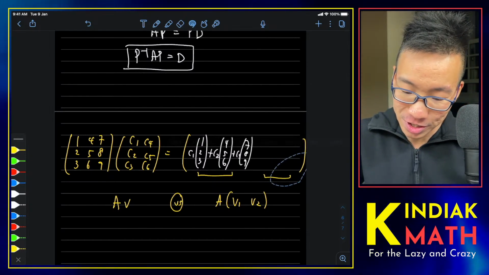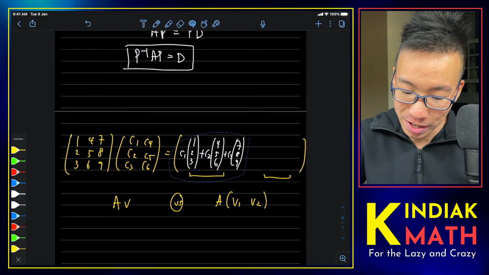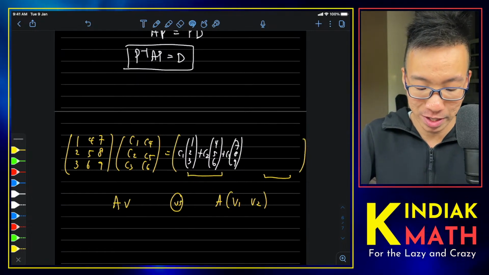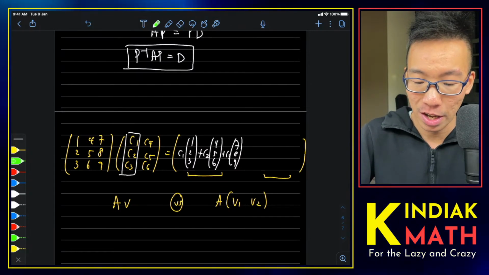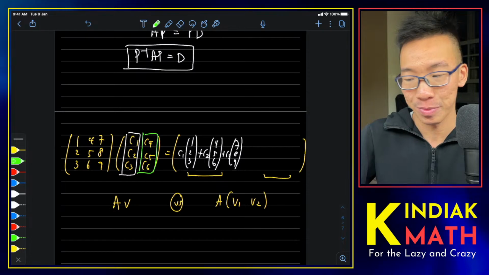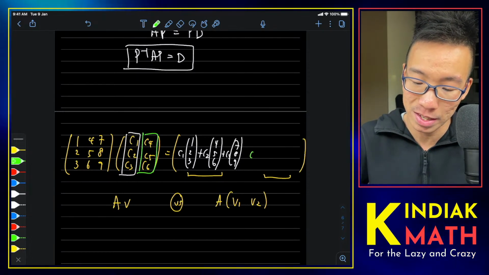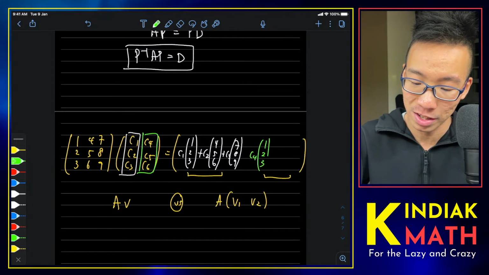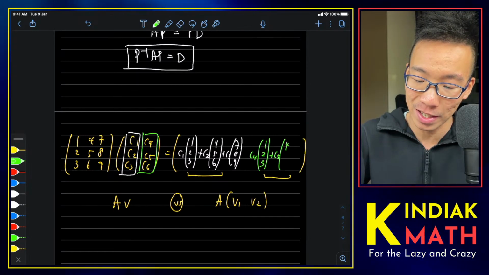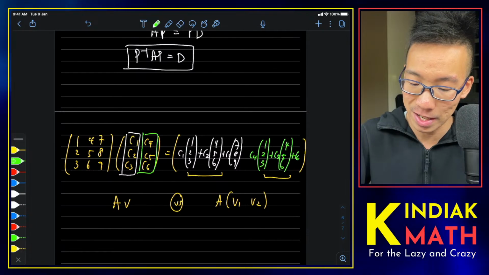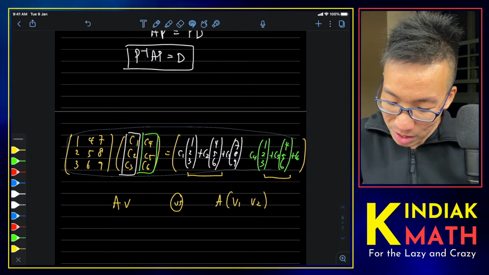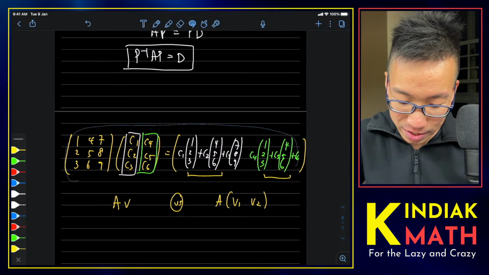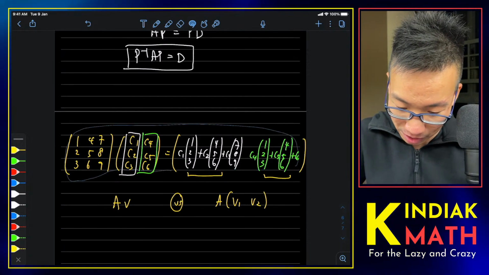What about the second dish? The second dish will be using the second recipe. We used the first recipe just now, and now we'll use the second recipe. The second recipe tells us we want C4 units of the first ingredient, C5 units of the second ingredient, and C6 units of the last ingredient. There are some implications from this way of thinking.